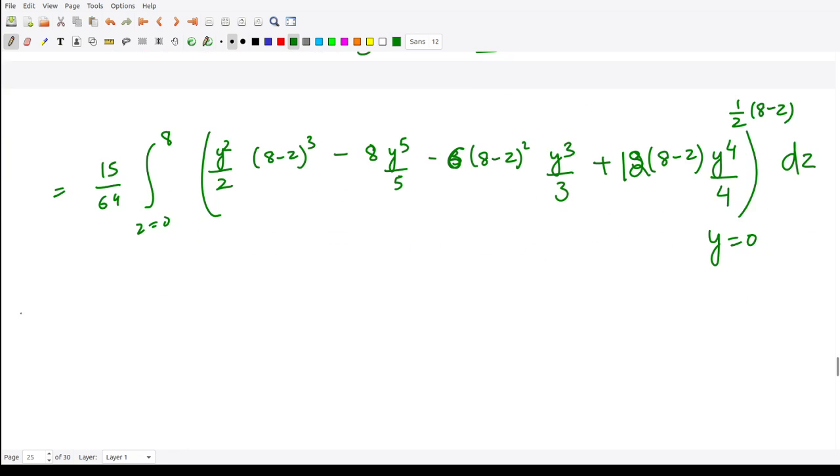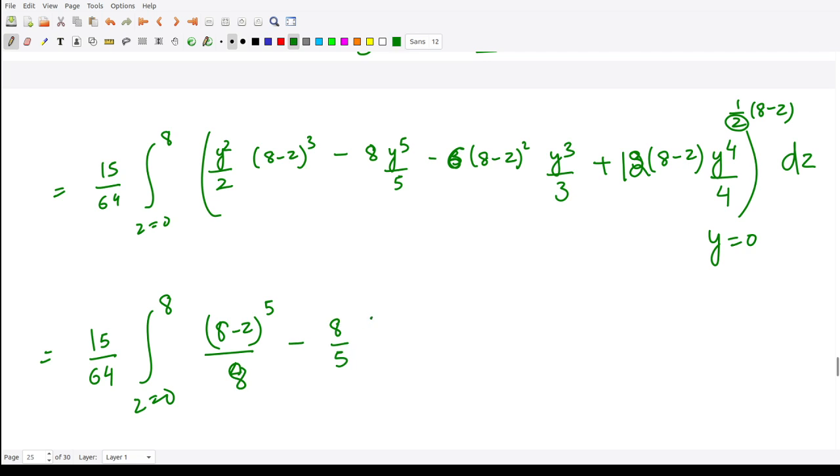So let's solve this. It would be 15 upon 64, and then integration z varying from 0 to 8, y square, so it would be (8 minus z) raised to power 5 by, when you substitute this upper limit here, it would be 1 by 8, and then minus 8 upon 5, and the value of y would be 1 by 32 (8 minus z) to the power 5.